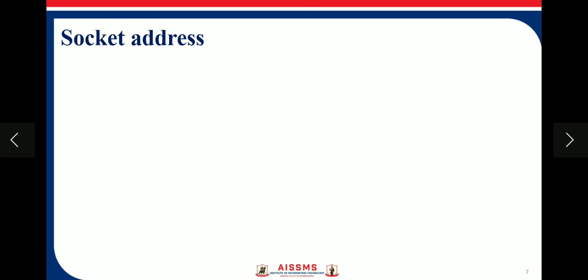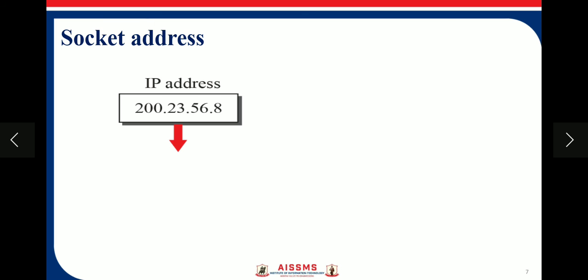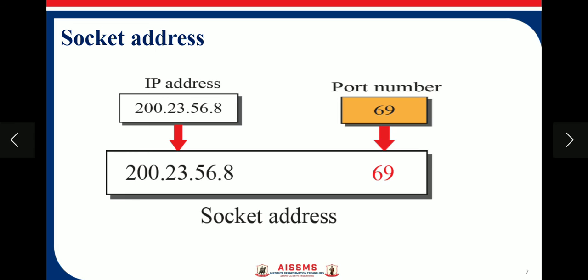Sockets, see in the diagram. Socket address: transport layer protocols in the TCP suite need both the IP address and the port number at each end to make the connection. The combination of an IP address and a port number is called the socket address.